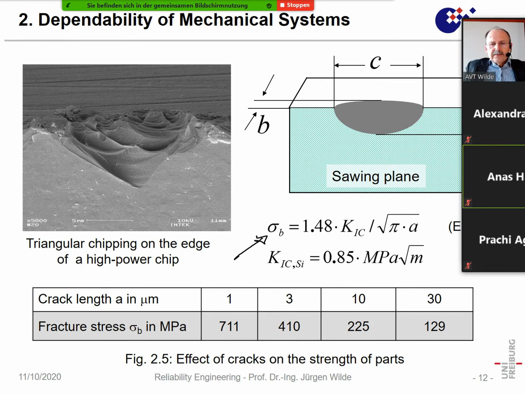When you look at the edge of computer chips made of silicon, then you typically can find very small cracks. These cracks can be in the form of so-called chipping, as you see it here, but it can also be cracks going perpendicularly into the material.